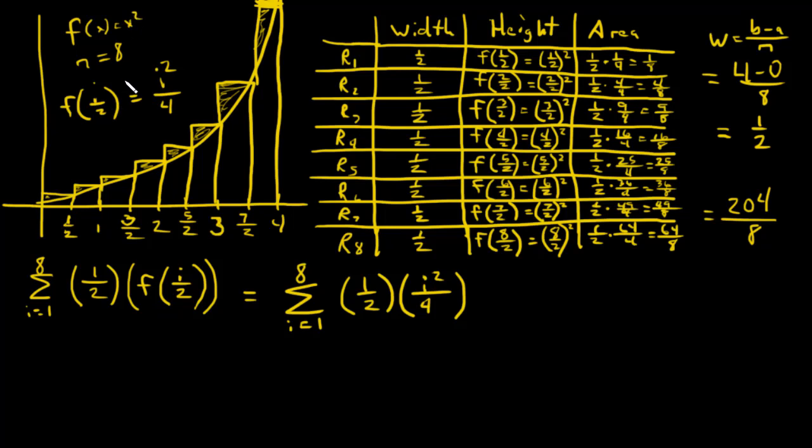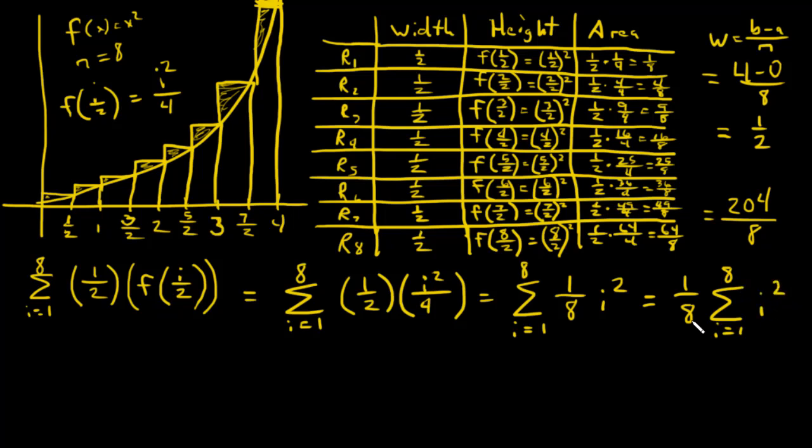So this is going to equal summation I from 1 to 8 of 1 over 8 I squared, which is 1 over 8 summation I equals 1 to 8 of I squared.